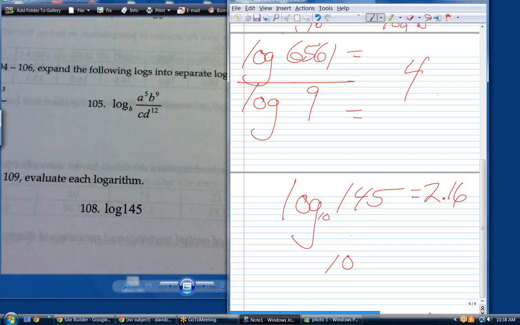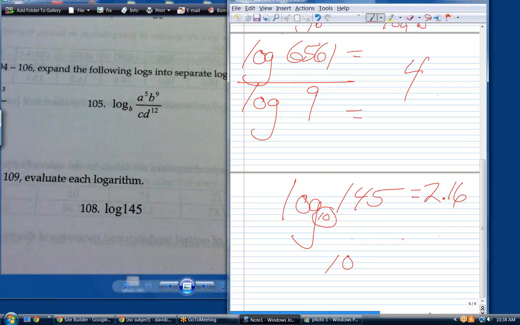10 to the power of... Say it. I don't know. It's the number on the far left raised to the power of the number on the far right equals the number in the middle. But there's only one other number, the 2... No, there's 3 numbers.